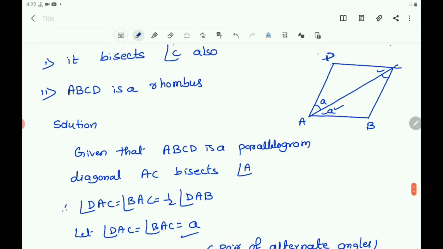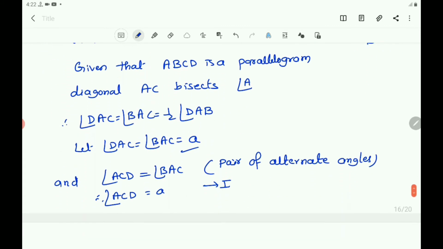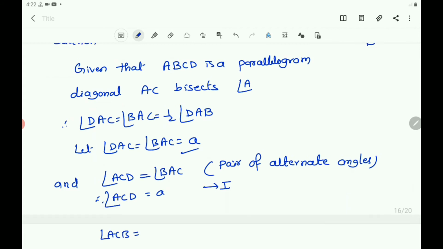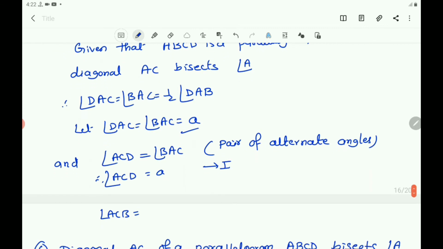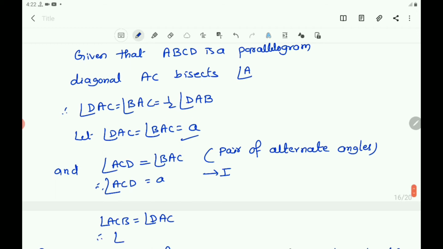Angle ACB equals angle DAC. They are also alternate angles. Angle ACB equals angle CAD, or angle DAC. Therefore angle ACB is also equal to A.